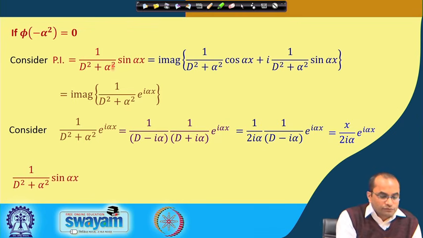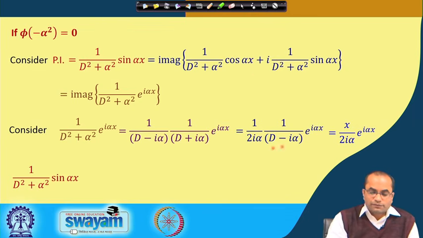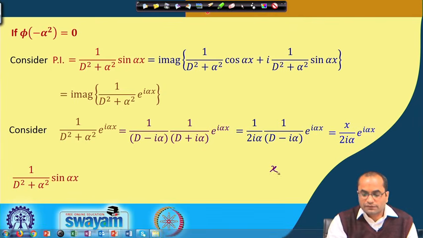So, now we want to get this 1 over d square plus alpha square operated on sin alpha x, and we want to take the imaginary part, as the derivation suggests here. So, what will be the imaginary part? We have here x over 2 I alpha, and this e power I alpha x we will write as cos alpha x plus I sin alpha x.